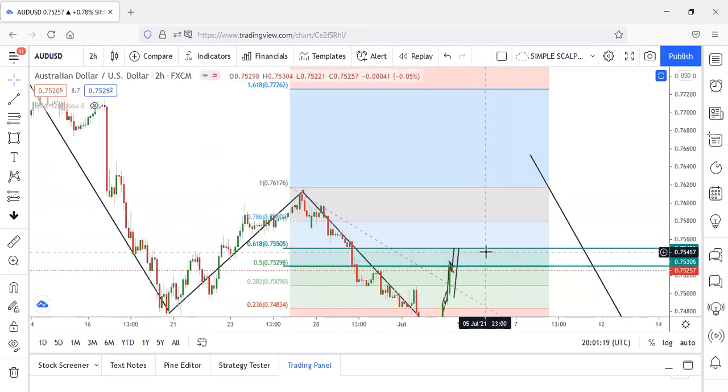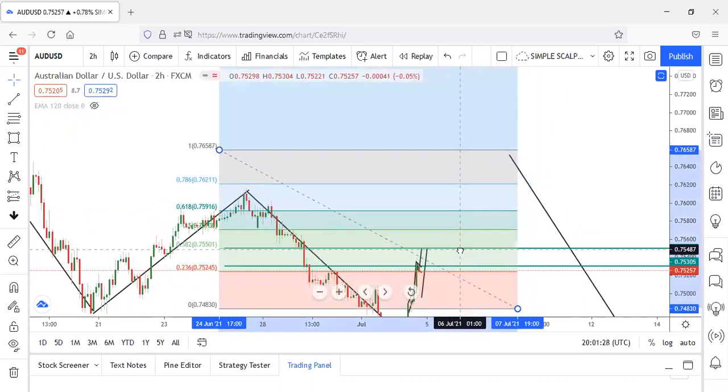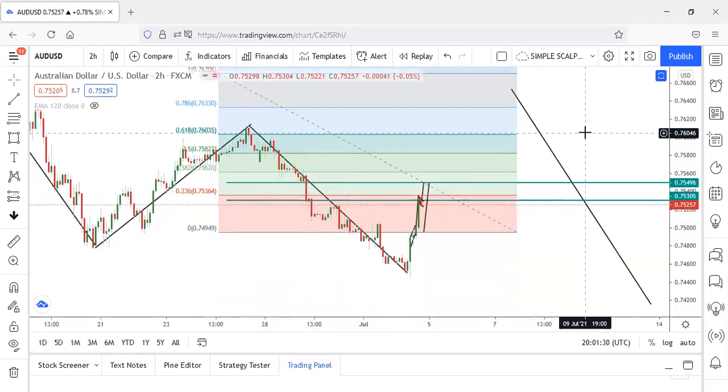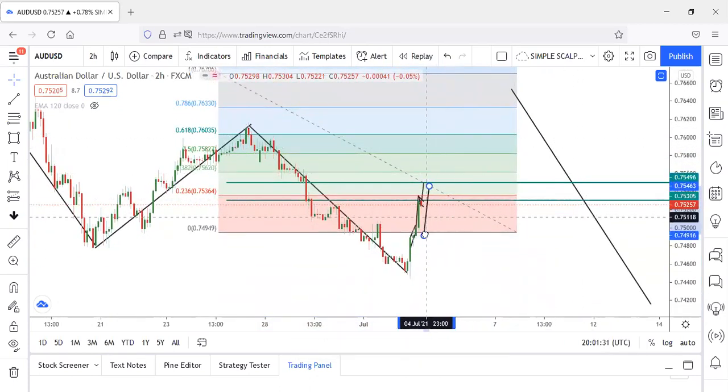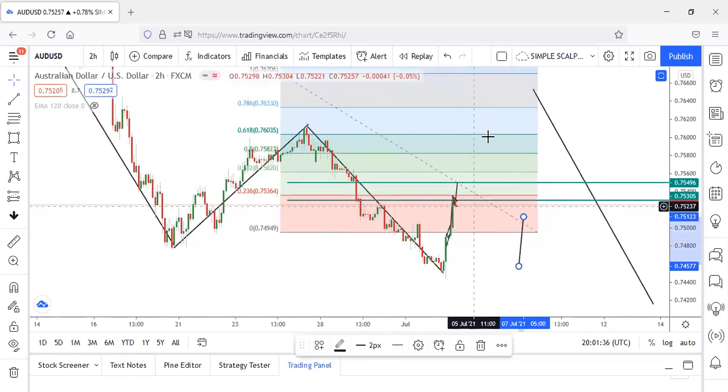If it does not react to that level, it's going to come up to 78.6. But I strongly believe it's going to react to this level and drop some more before the push-up comes. Based on this big move, I'm still convinced this is going to keep going up because this is a sharp move to the upside.